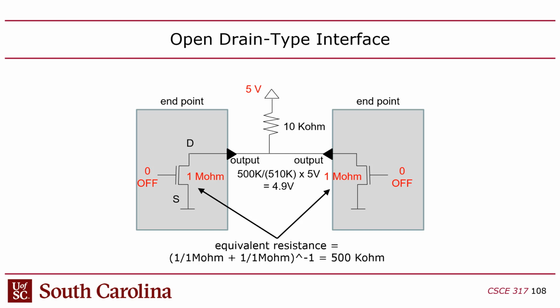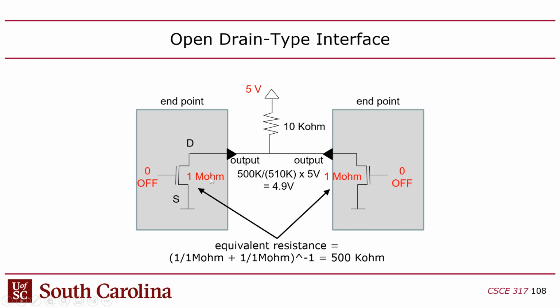Now there'll be a slight voltage drop through the pull-up resistor. When a transistor is off, it doesn't actually disconnect, but you end up with a very high equivalent resistance. Say it's 1 mega ohm, it could be more, it could be 10 mega ohms, but what you end up with is a voltage divider.